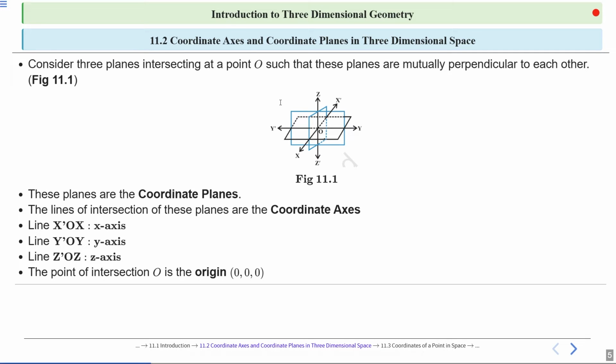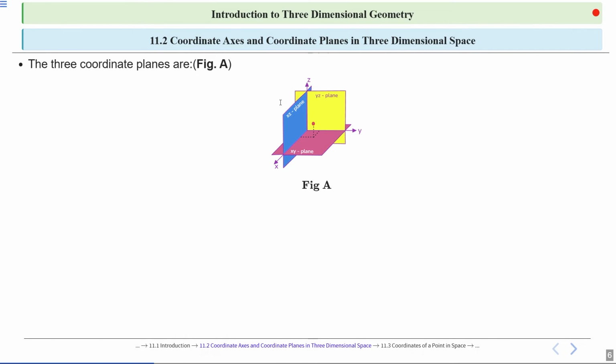Finally, the point where all three axes meet is called the origin. And what are the coordinates of the origin? The coordinates of the origin are 0, 0, 0, and it serves as the starting point for measuring positions in three-dimensional space. Here we see an introduction to the three coordinate planes in three-dimensional geometry.